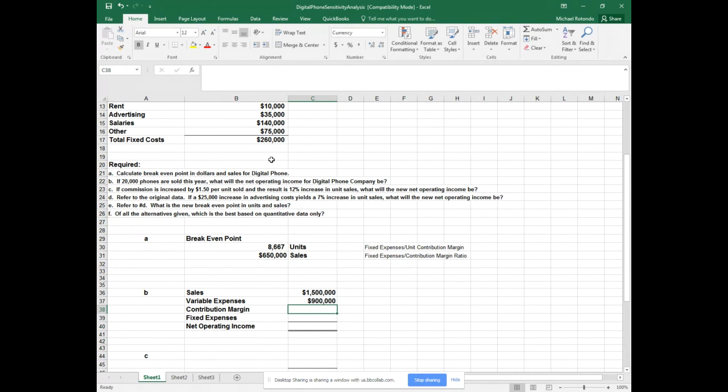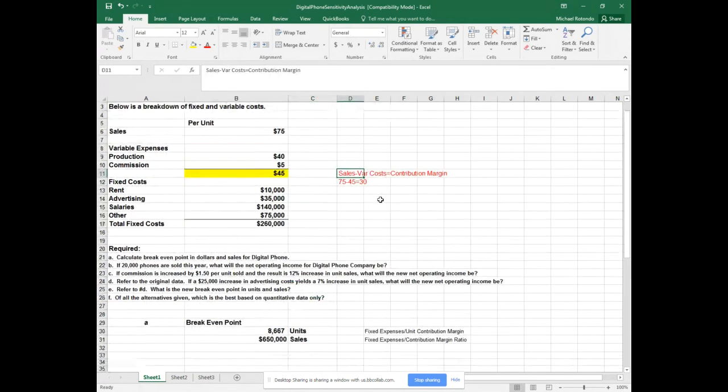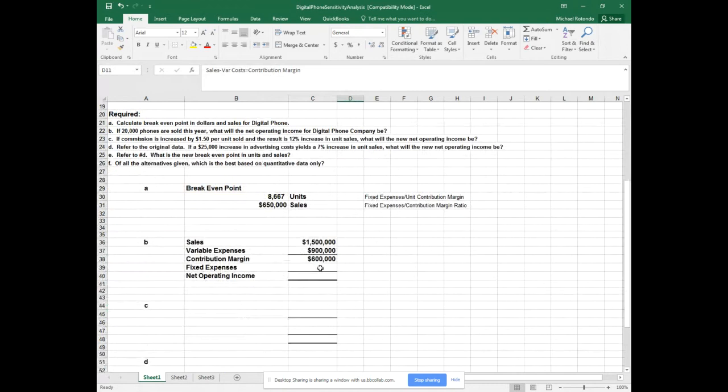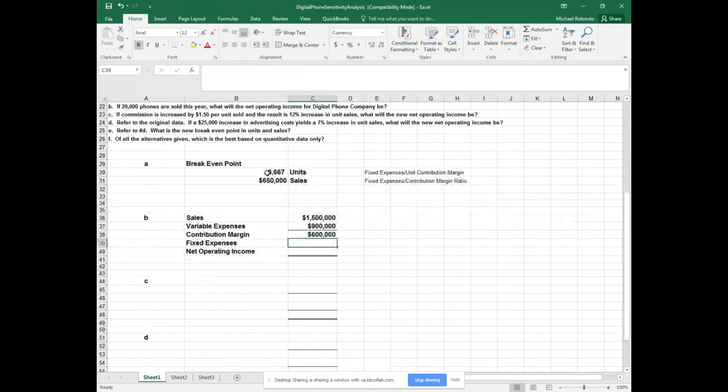So our contribution margin is going to be the sales minus variable expenses, just like we did up here. All right. Our fixed expenses are 260. So we can calculate our net operating income by taking our 600,000 in contribution margin minus the fixed expenses. So that will give us a net income or net operating income of 340,000.